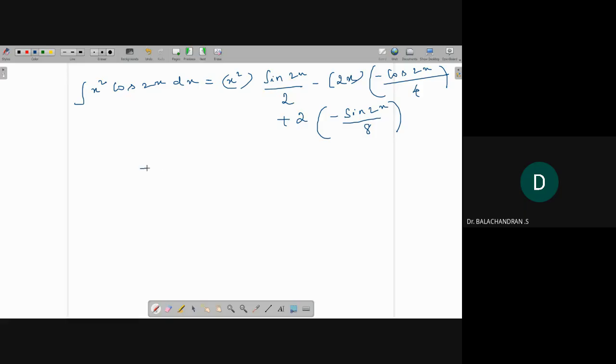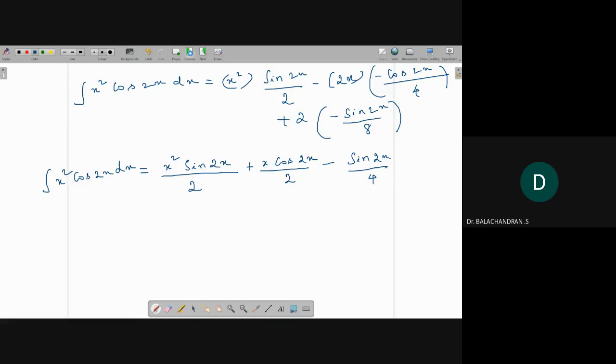So now if you simplify, you get x square sine 2x by 2 plus x into cos 2x by 2 minus sine 2x by 4. This is actually the integral of x square into cos 2x dx.